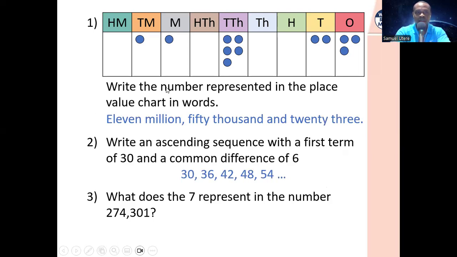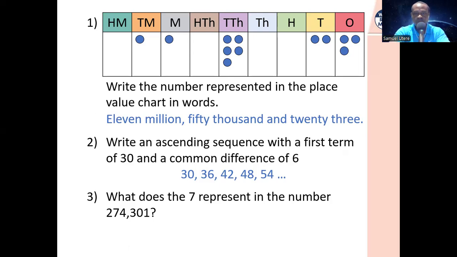So here you're asked to write the number represented in the place value chart in words. It's 11,050,023. And then here you're asked to write an ascending sequence with a first term of 30 and a common difference of 6. Ascending means going from low to high.